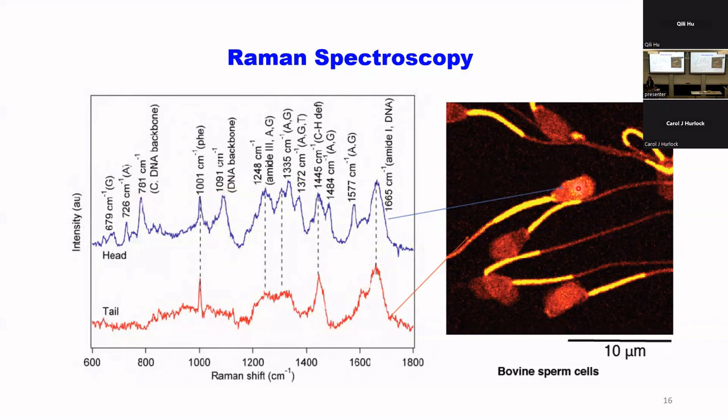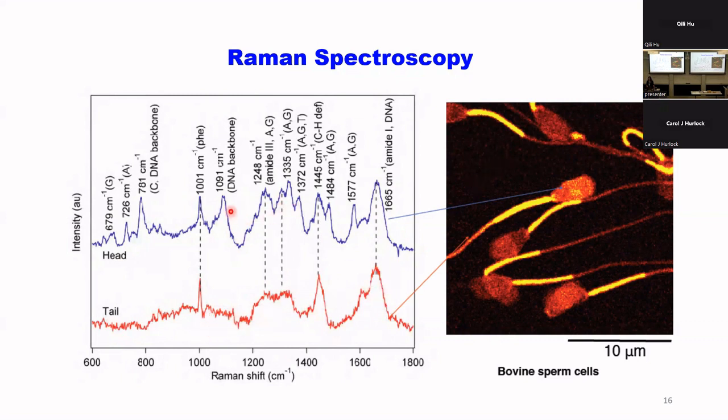But if you move the laser beam towards the sperm tail and only detect the Raman spectrum from the sperm tail, you collect a red spectrum on the lower left side. In this red spectrum, you don't observe the DNA signal anymore, but there are protein and lipid signals. Protein and lipid signals still exist here in the sperm tail.